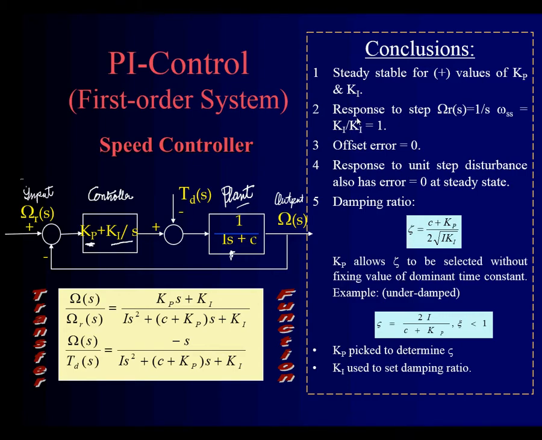So a stable system. Two, response to a step input, which would be a step input over here of the kind like this, where we have a step just like that.